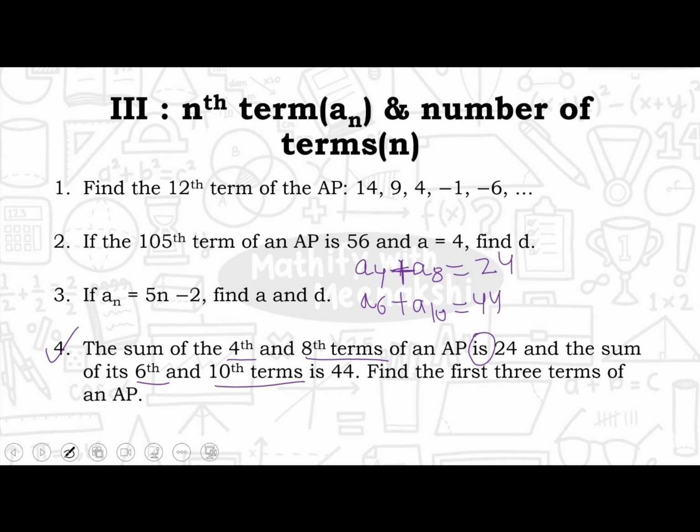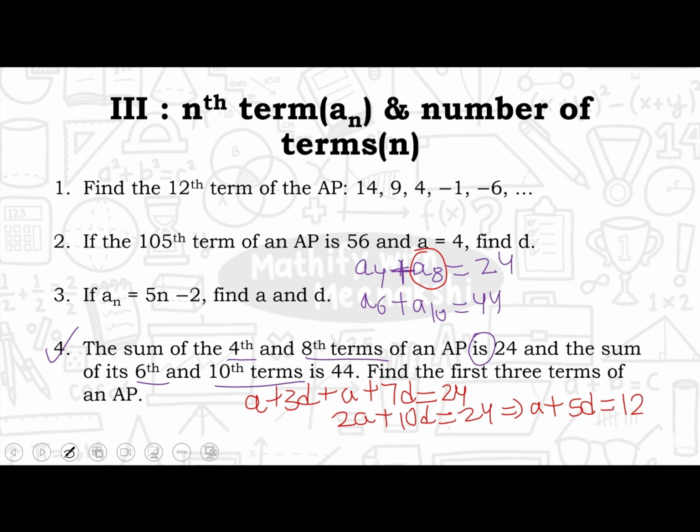You know the formula of a4, that is a plus 3d. a plus 3d plus what is a8? a plus 7d is equal to 24. Just add the like terms together. a plus a is 2a and 3d plus 7d is 10d. Now you will divide the whole by 2. So you will get a plus 5d is equal to 12. This is your first equation. So I'm writing here first equation, a plus 5d is equal to 12.